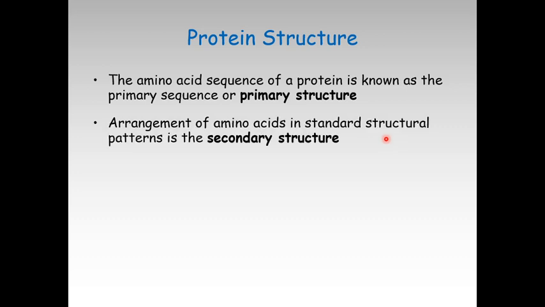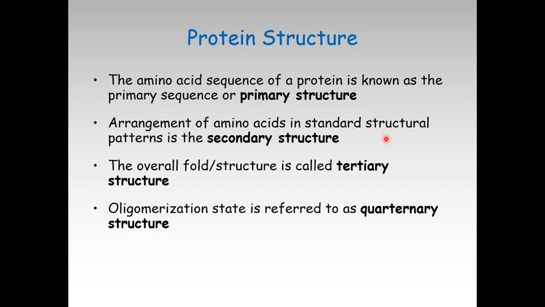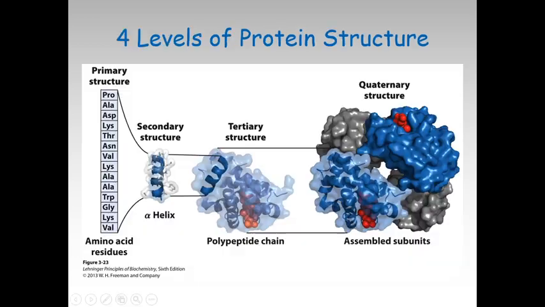Arrangement of amino acids in standard structural patterns is the secondary structure. The overall fold or structure is called tertiary structure. And finally, the oligomerization state is usually referred to as quaternary structure. So to explain it to you in a little more detail, the primary structure could be just the sequence of amino acids.